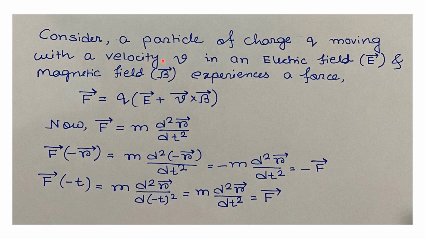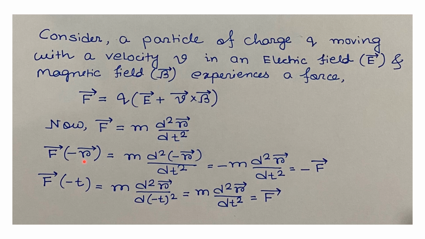Now consider a particle of charge q moving with a velocity v in an electric field E vector and magnetic field B vector. It experiences a Lorentz force that is given by this expression: force F vector equals q times the electric field vector E plus v cross B. Now force can be written as mass of the particle times acceleration, and acceleration is d2r/dt2.